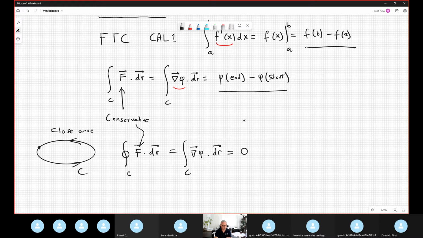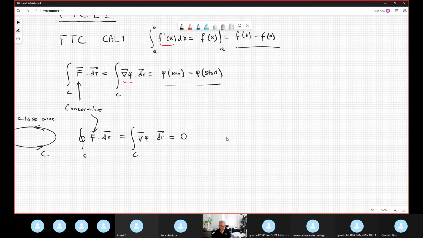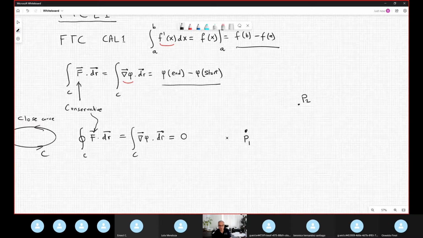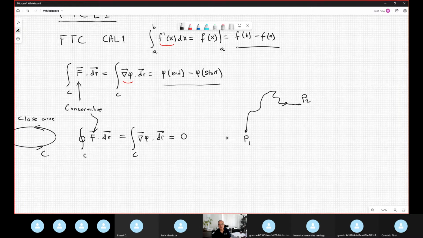But the most important thing is that this is path independent. What does that mean? Suppose you have 2 points, P1 and P2. The field is conservative, of course. Suppose a hypothetical trajectory here in this direction, and a hypothetical trajectory here in this direction.